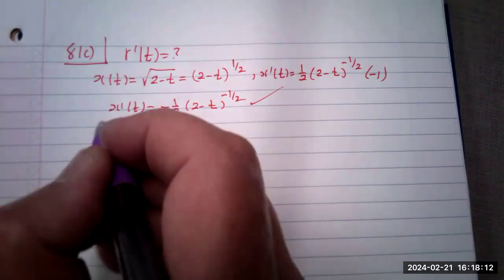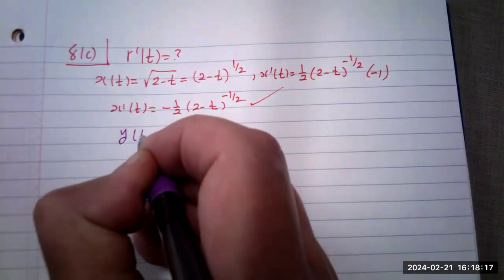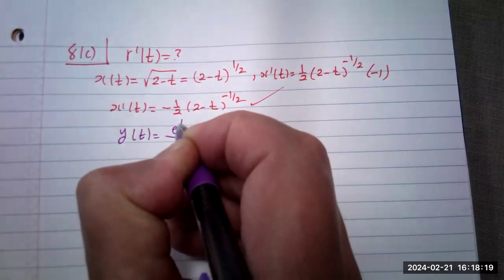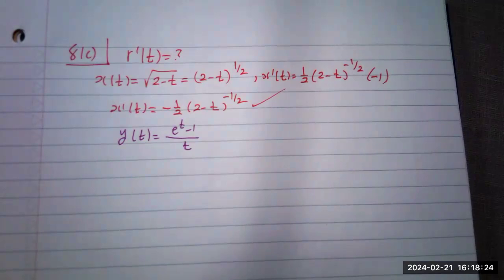Second component, y of t equal to e to the t minus 1 over t. You have to use the quotient rule: derivative of the top times the bottom, minus derivative of the bottom times the top, and simplify it.